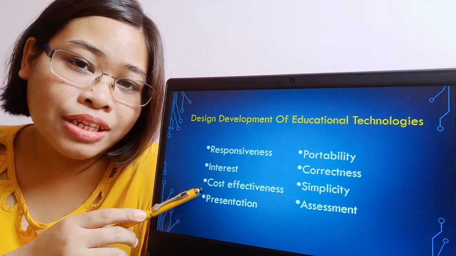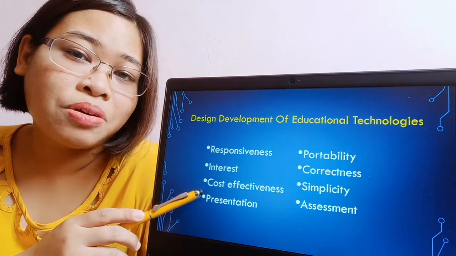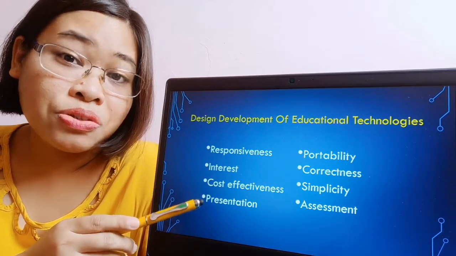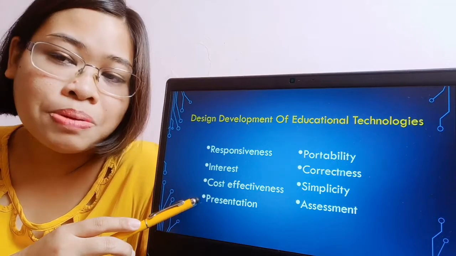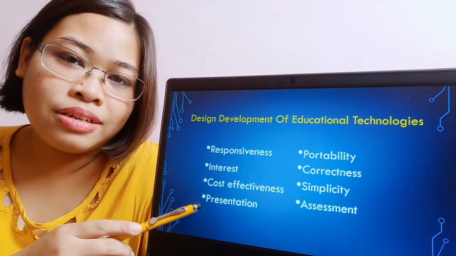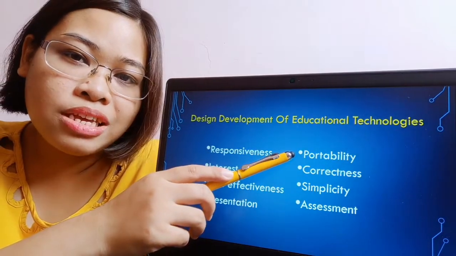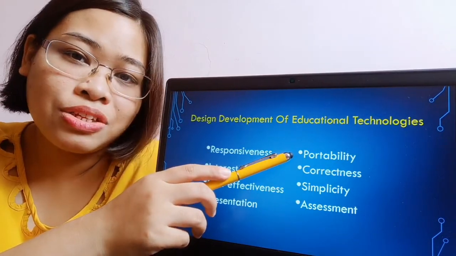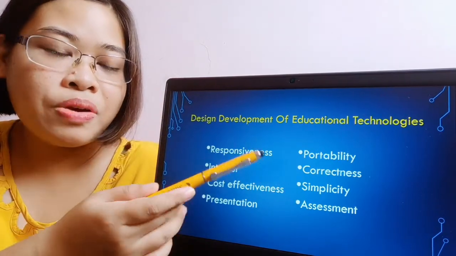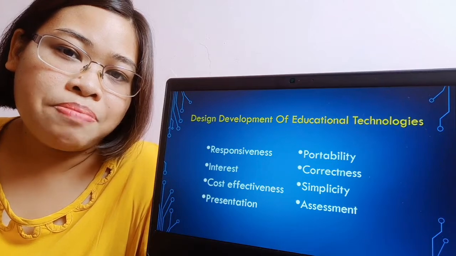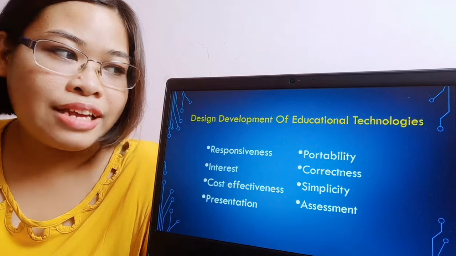The cost of presentation diminishes as the number of students increases. When it comes to presentation, they should be presented in the right way and at the right time. For the portability, they should be handy for the teachers to handle well when the materials are being presented to the class.